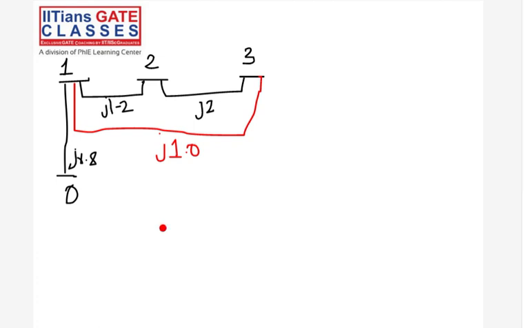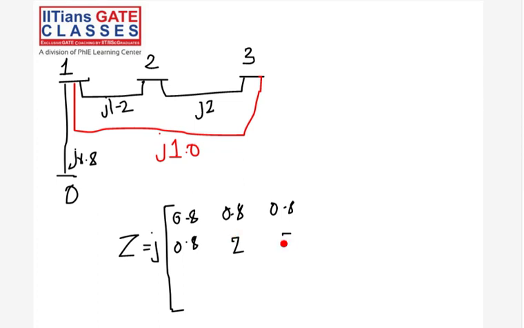The set bus value that we got earlier was 0.8. Let's do J out. 0.8, 0.8, 0.8, then 0.8, 2, 2, 0.8, 2, 4. Am I correct?